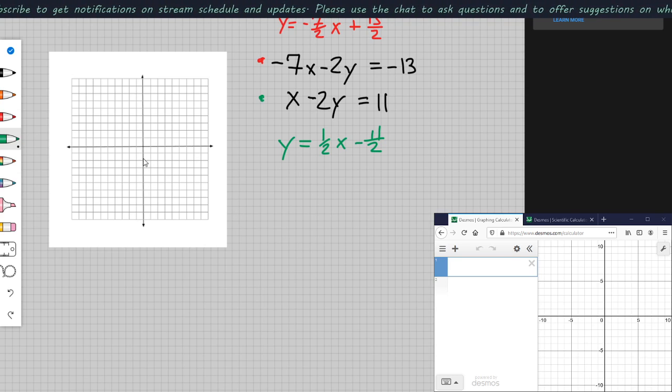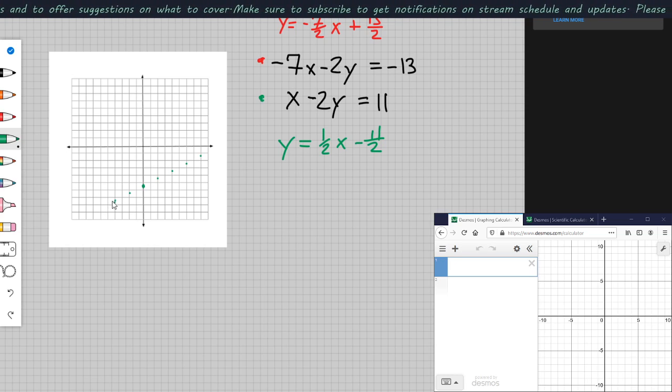And I'm going to go up 1 over 2, up 1 over 2, up 1 over 2, so on and so forth. So it would look something along these lines. No pun intended.